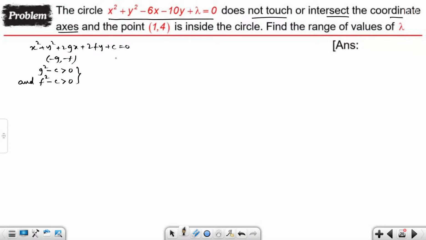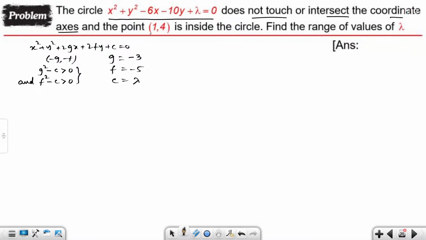Okay, here your g is minus 3 and your f is minus 5 and your c is lambda. Am I correct? Okay.